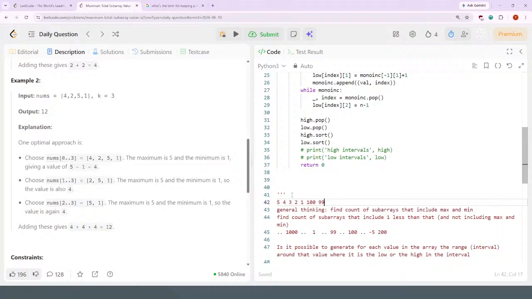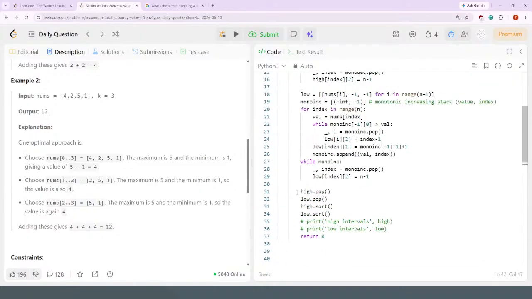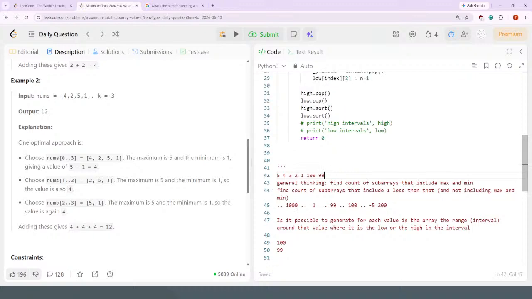If I stick the lowest and the highest next to each other, so it needs to be 1 to 100.